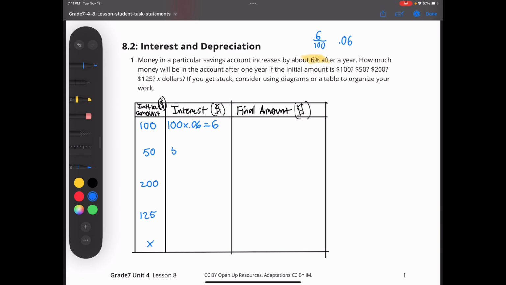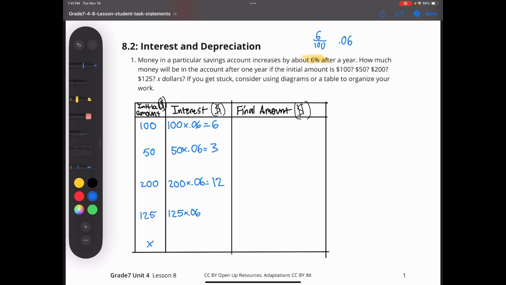50 times 0.06 would be half of the amount above, $3. 200 times 0.06 would be double the interest on $100, $12. And 125 times 0.06?